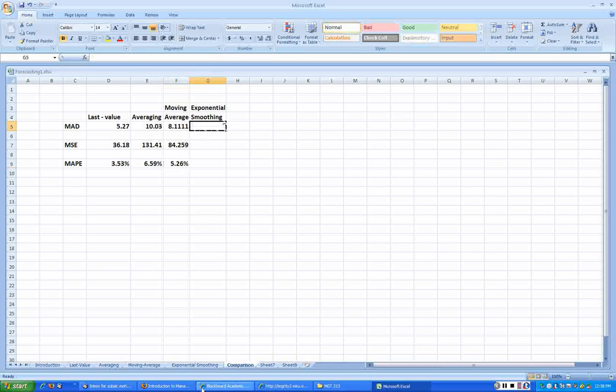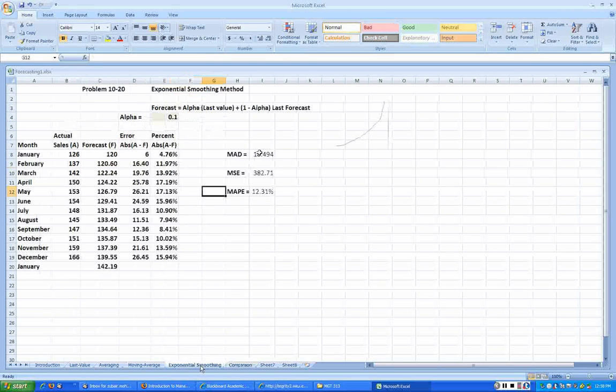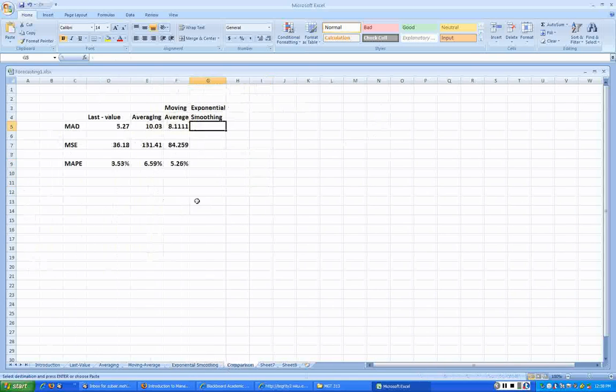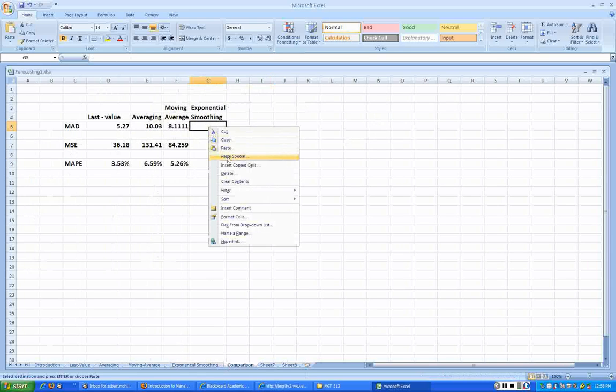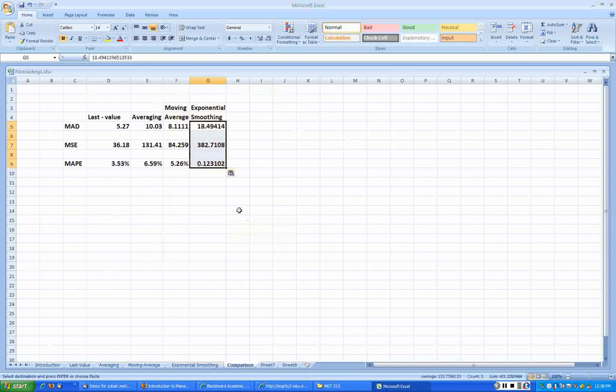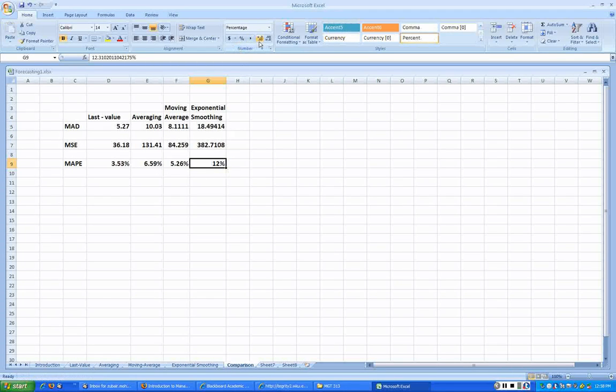And now let's go for the exponential smoothing. Let's copy the same thing, go to the comparison sheet, right click, paste special, just the values, and populate that and express that as a percentage to 2 decimal places.